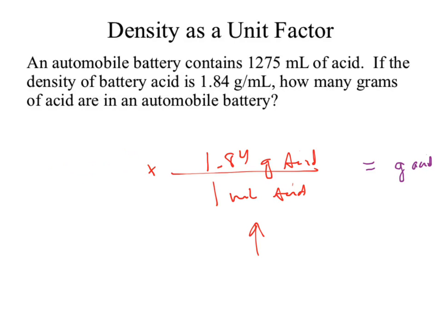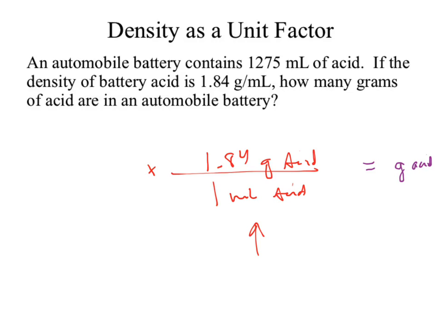Okay. I would probably argue it's easier to start with this one because that has the answer unit that we want. It has grams of acid. We want to place the grams of acid where? In the numerator, because where does grams of acid show up in the answer? In the numerator. Okay. Do those equal each other?